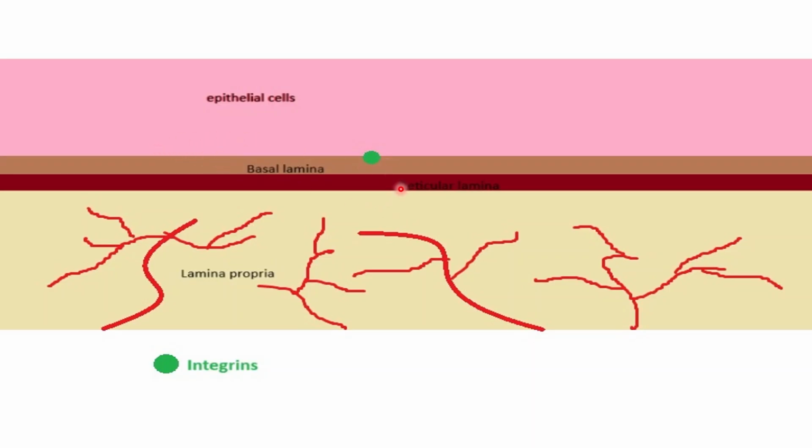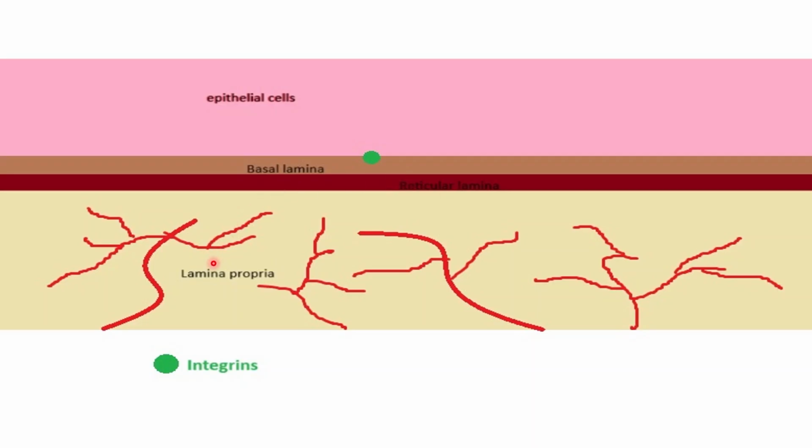The last thing would be nidogen and the proteoglycan perlecan, which help in the cross-linking between the laminin and the type 4 collagen. Reticular lamina contains only type 3 collagen, and it is bound to the basal lamina by type 7 collagen, which produces its connection, helps in stability, and holds each other together so that nothing breaks and falls apart.